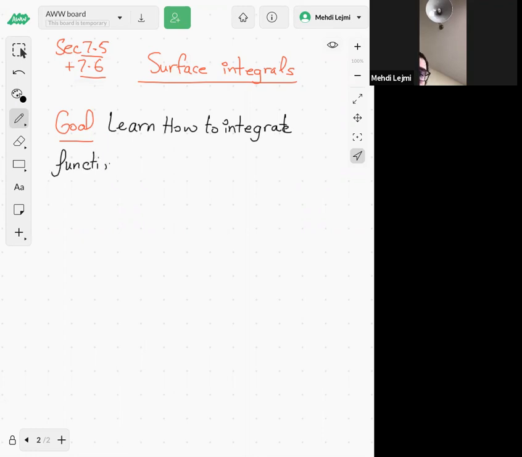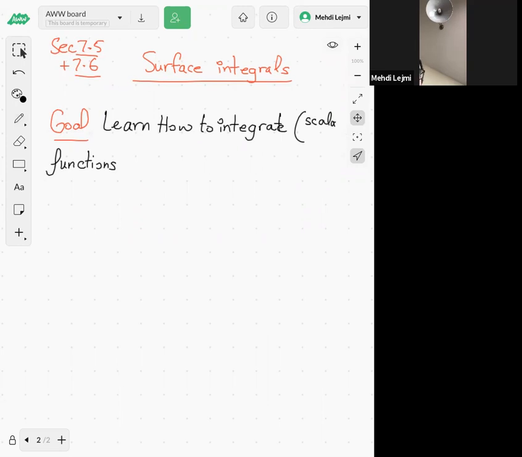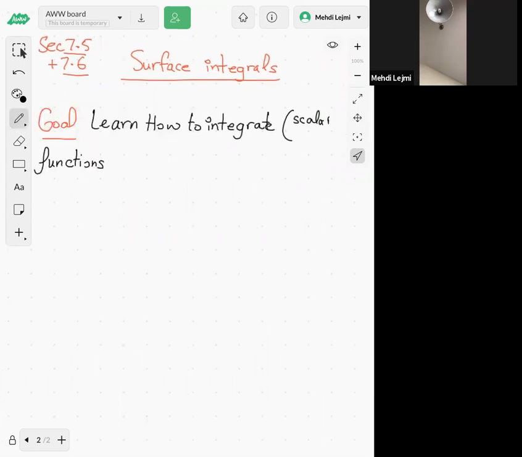Here the range of the functions is R, which is what I call scalar valued functions. Scalar valued functions means that the function f goes from some domain to R. So the answer should be a number, some real number. That's what I call a scalar valued function.